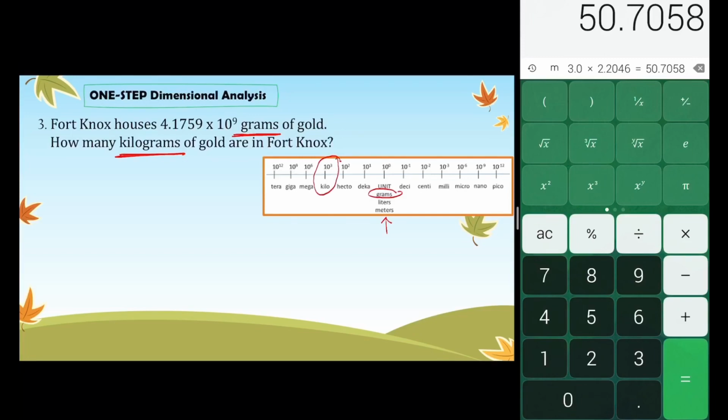So the way this works is, for consistency's sake, I'm going to always assign in our conversion factors the prefix a value of 1. So 1 kilogram will then equal 1,000 grams, or 10 to the power of 3. So that's our conversion factor. 1 times 10 to the power of 3 grams is in 1 kilogram. Let's go ahead and plug this in.